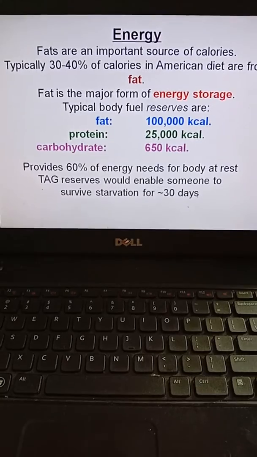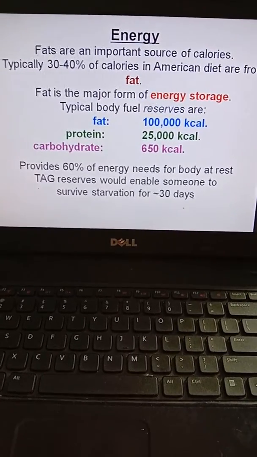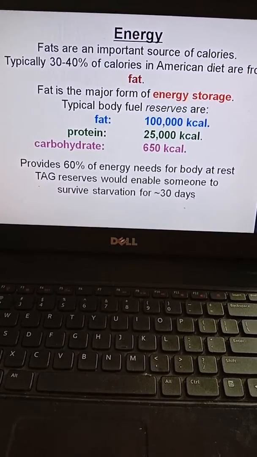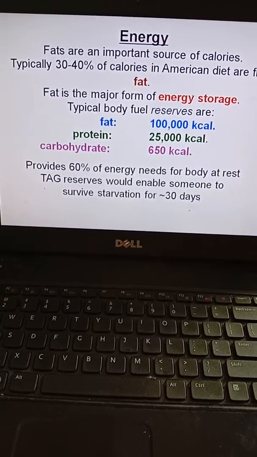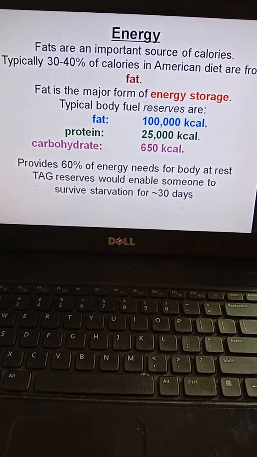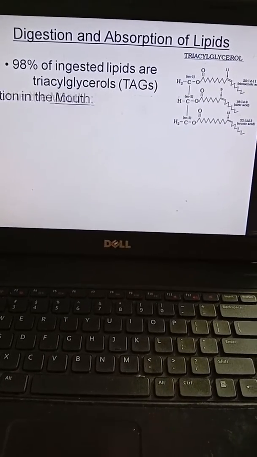So if people consume fats and store them in adipose tissue, they will be stored as triacylglycerol. That means 3 acyl groups will be there with the glycerol molecule, storing the energy for 30 days.